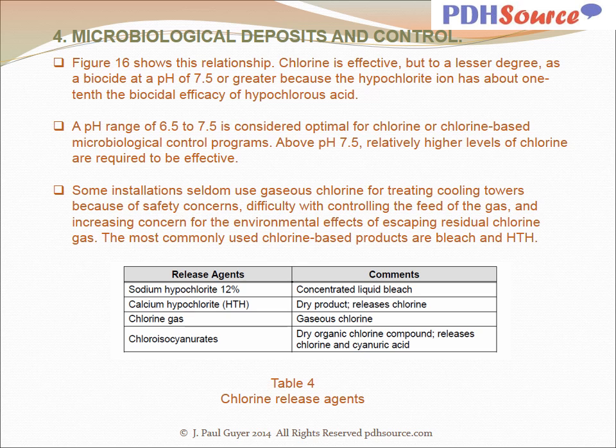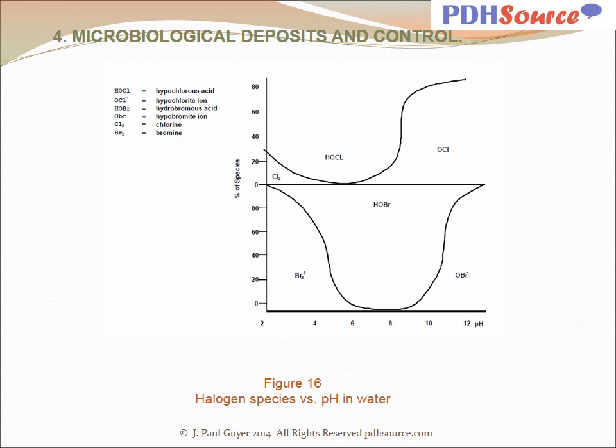Table 4 indicates chlorine release agents. HTH is the calcium hypochlorite. Figure 16 indicates the relationship between halogen species and pH in water.